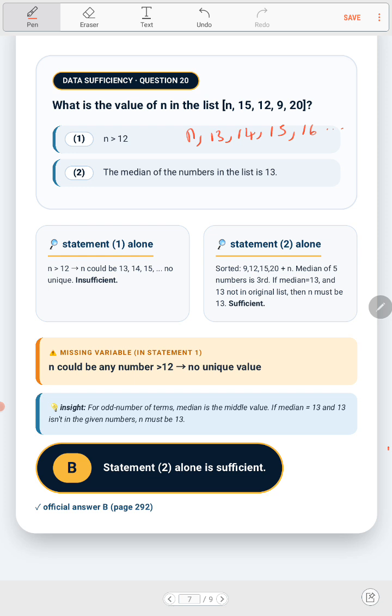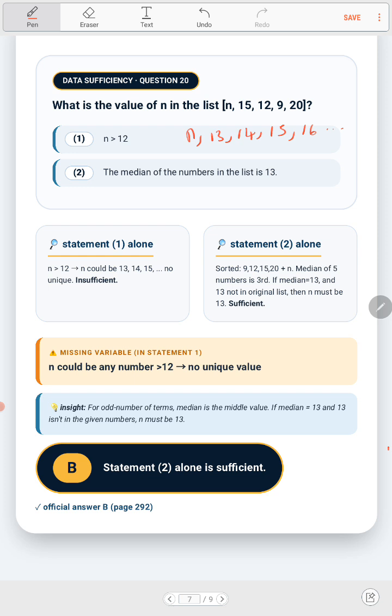For this video, I'm just focusing on what is missing, but it is also useful to know that in data sufficiency we are looking for a specific value. The value shouldn't be true sometimes, false sometimes.